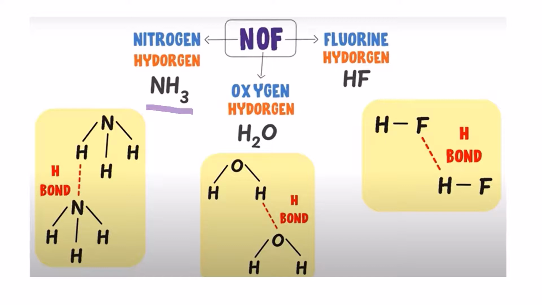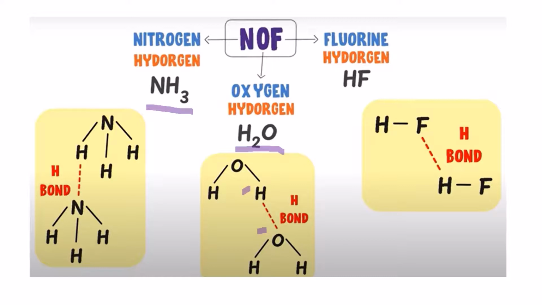Hydrogen bond can be found also on water molecules. We have two water molecules here, and hydrogen bond exists between hydrogen and this oxygen here. Hydrogen is slightly positive, and oxygen is negative.